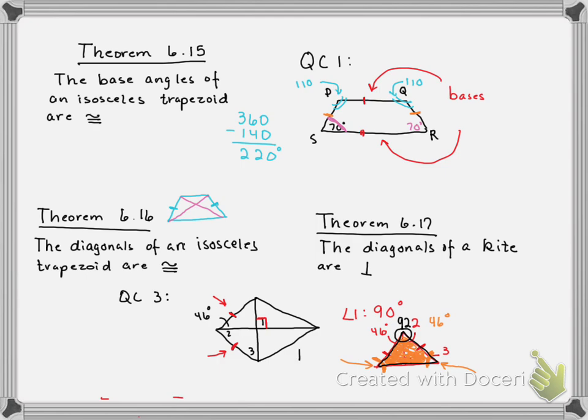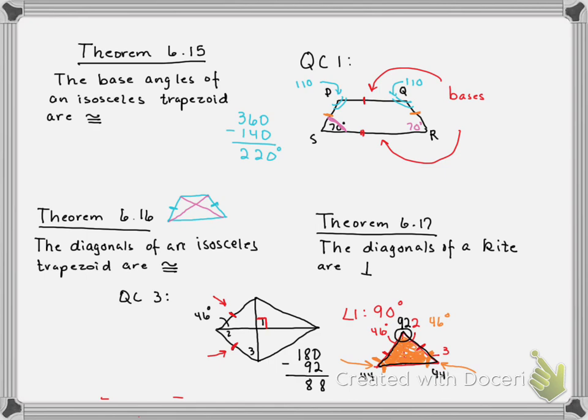Okay, so 180 minus 92 is going to give us 88 degrees left over. Okay, and that 88 degrees has to be split up among these two base angles right here. Okay, so a kite has some properties of an isosceles triangle.